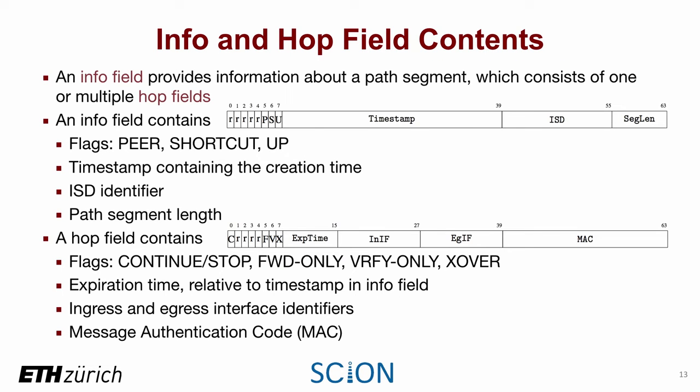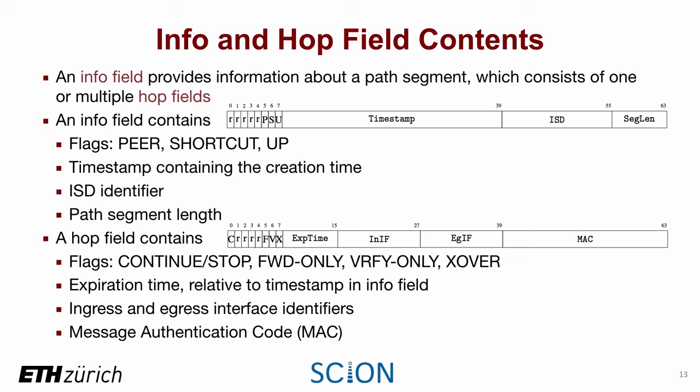Let's talk a little bit more about the information and hop field contents themselves. So the info field provides information about the entire path segment, which can consist of one or multiple hop fields. And the information field itself contains flags that denote if this path segment is used as a peering shortcut, a regular shortcut, or if it's used as an up segment or a down segment.